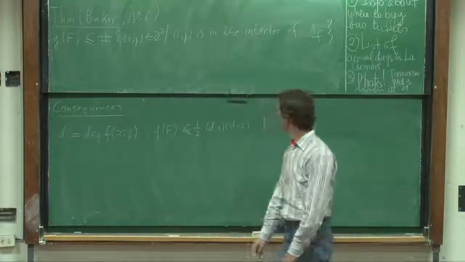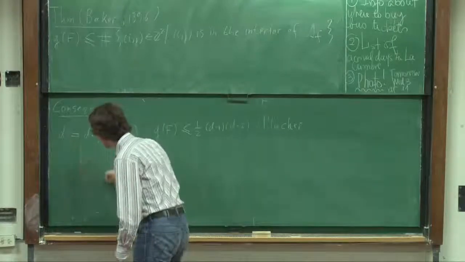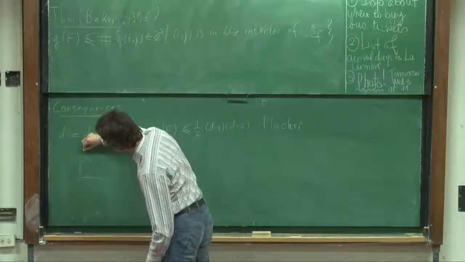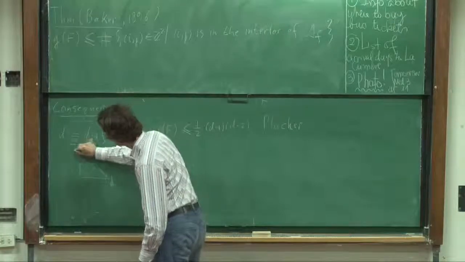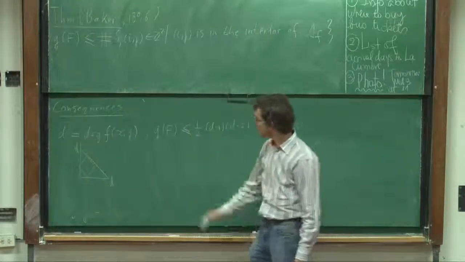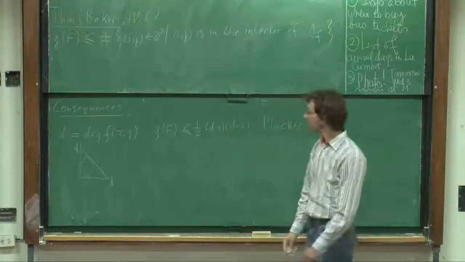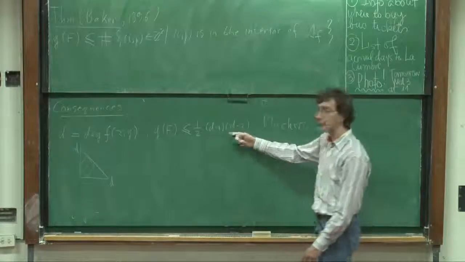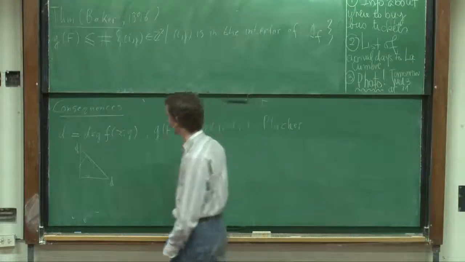If we only know what the total degree is, then we can estimate the Newton polygon by this triangle. Because if the total degree is d, it will have to lie inside this triangle. Counting the number of interior lattice points of this triangle, we get this. So this is an immediate consequence.